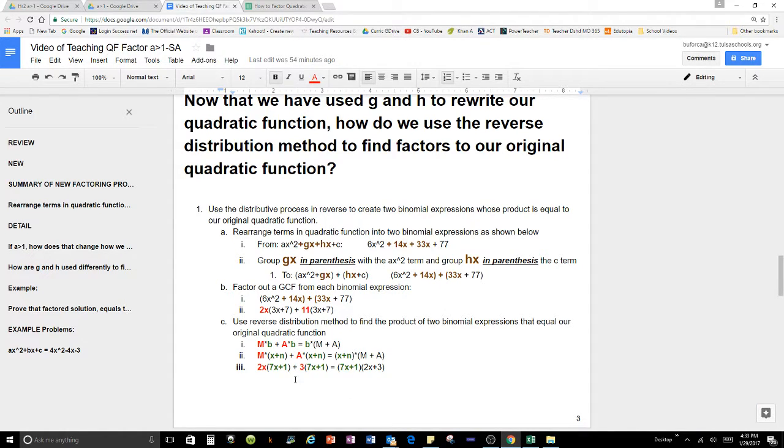Well, this is the exact same thing that we have with the factors of our quadratic function. Here we have two numbers, 2x multiplied by 3x plus 7, and 3 multiplied by 3x plus 7.